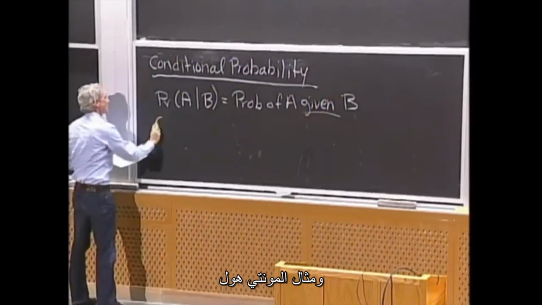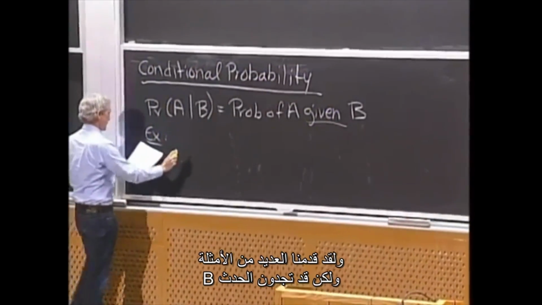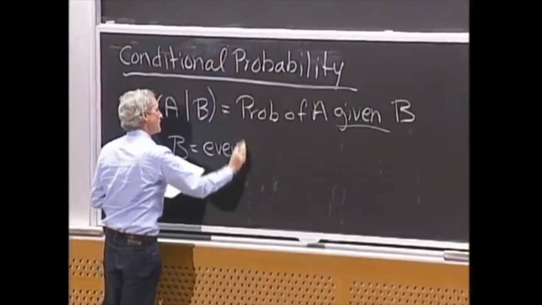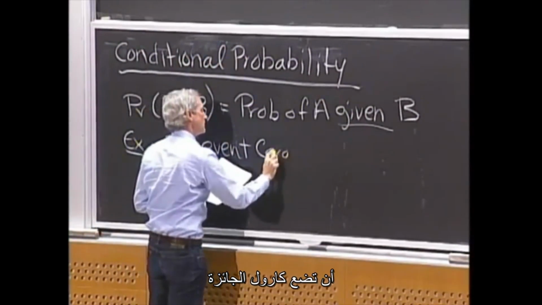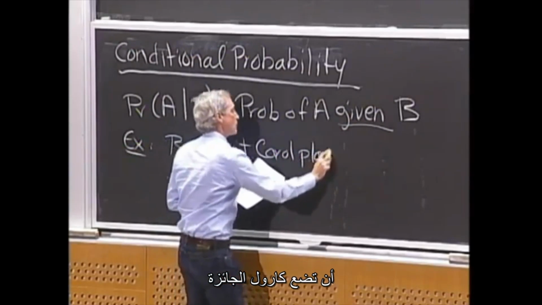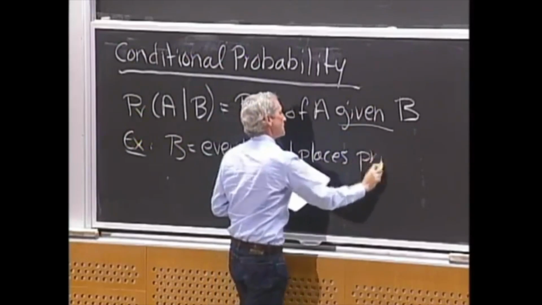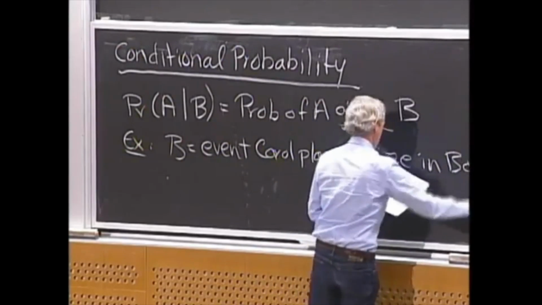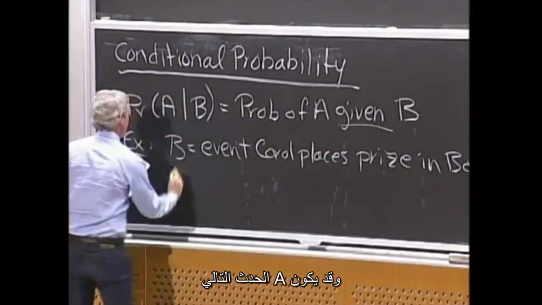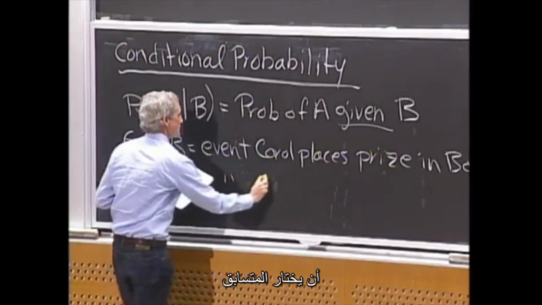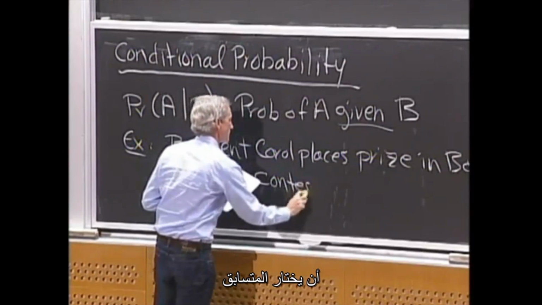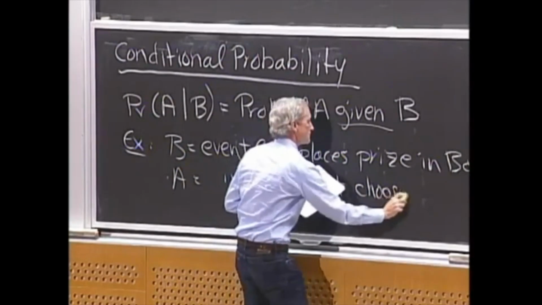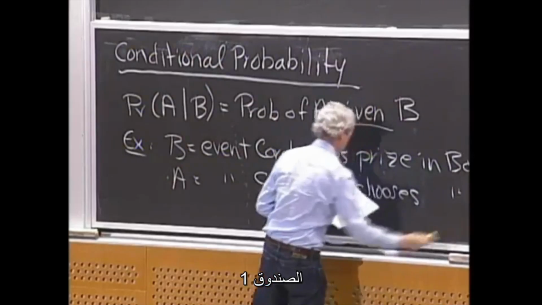Now, the example from Monty Hall: you might have B being the event that Carol places the prize in box 1, and A might be the event that the contestant chooses box 1.